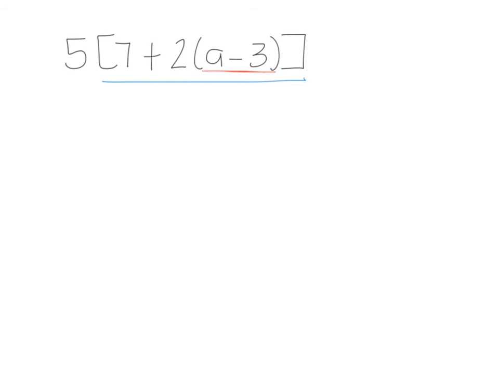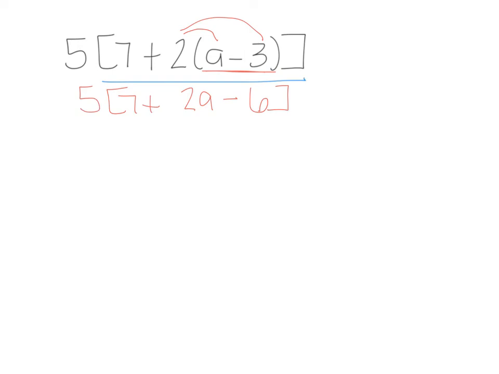Since we can't subtract 3 from a, we can apply that distributive property to say 2 times a, which would give me 2a, keep our subtraction, and 2 times 3 would give me 6. That will get rid of those parentheses and leave me with just the brackets.